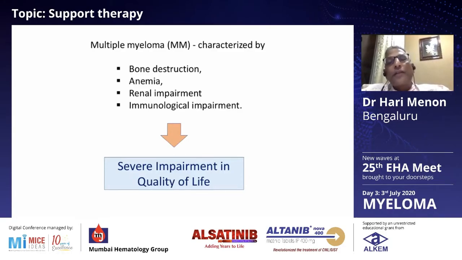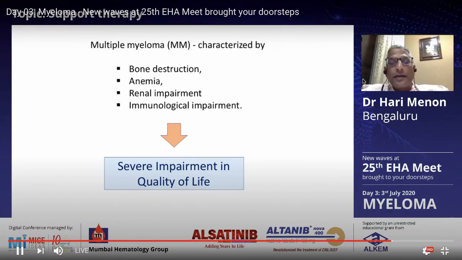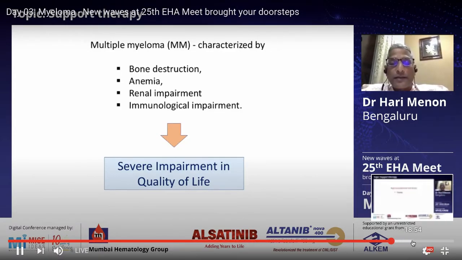Our efforts should be to try and understand these problems and alleviate them, and also to prevent further problems from occurring, especially skeletal related events, which are a constant occurrence even after treating the disease.